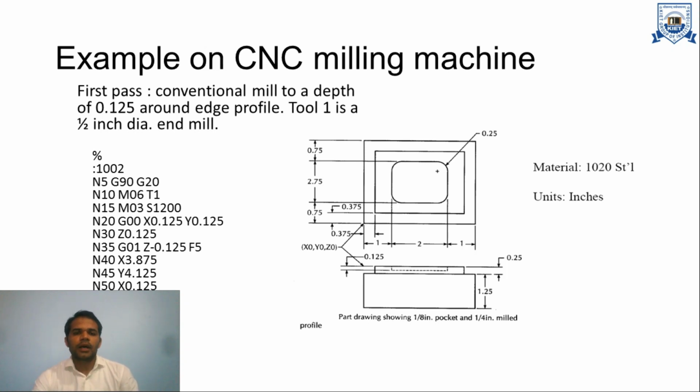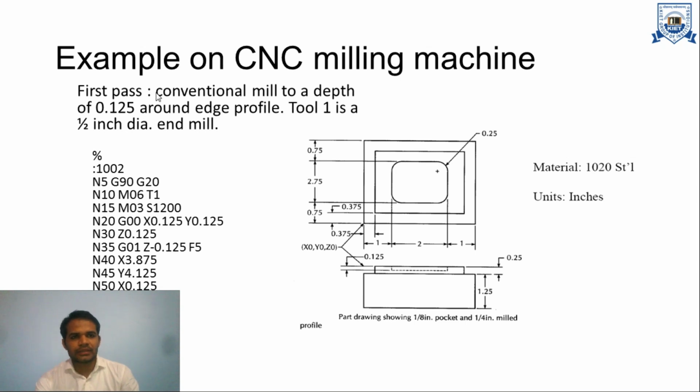Here a simple block diagram is shown. For this figure we have to make 4 passes for making the desired object. So basically we are doing a milling operation on a milling machine.